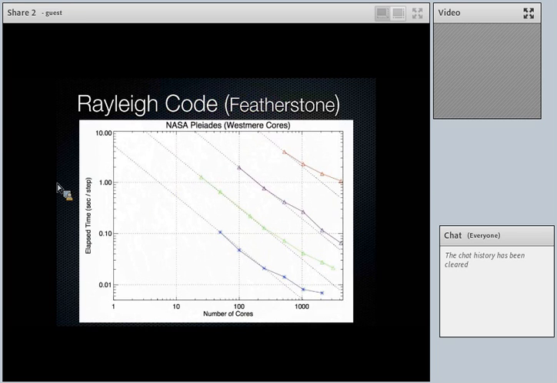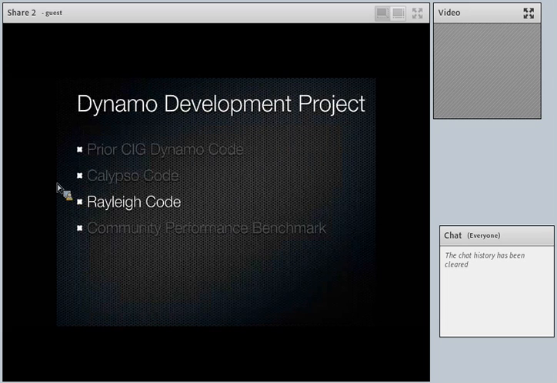On the red case, the largest size problem, the scaling is tailing off, and that appears to be because of a cache problem that Nick says can be fixed, can be addressed. So this code is scaling rather well too. And that's the present state of the Rayleigh code. Nick will, I think, next be adding anelasticity.